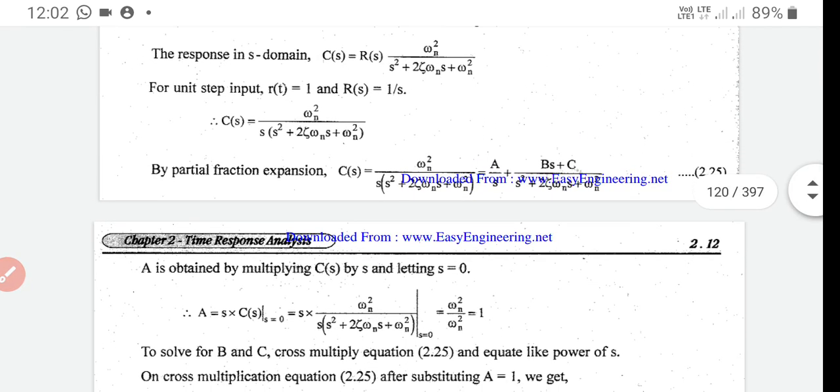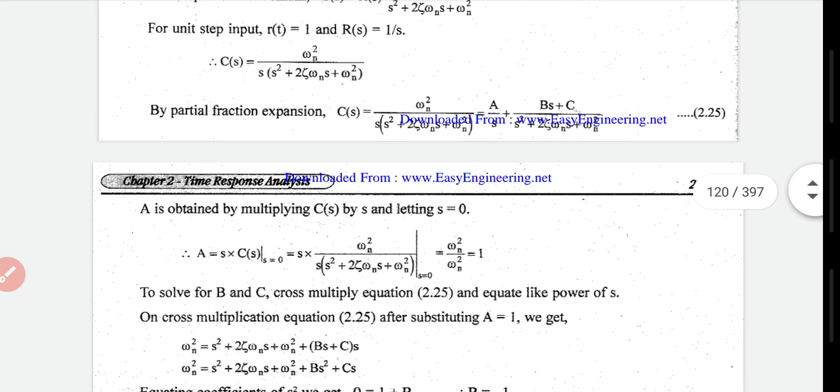So what is the cross multiplication value? S square plus 2 zeta omega n S plus omega n square, plus BS plus C into S is equal to omega n square.